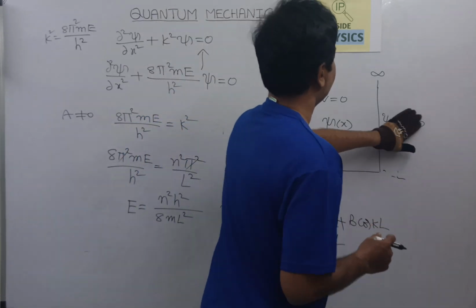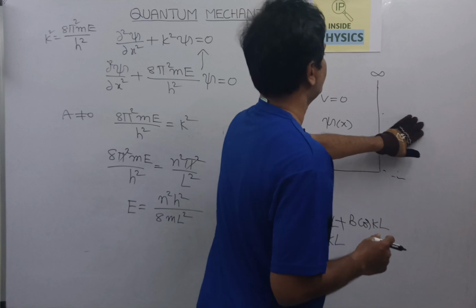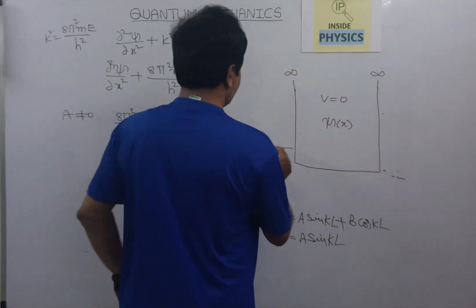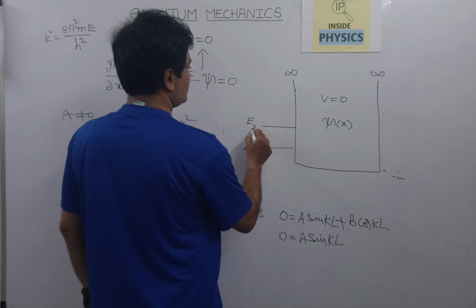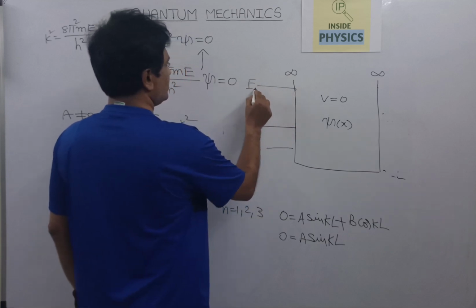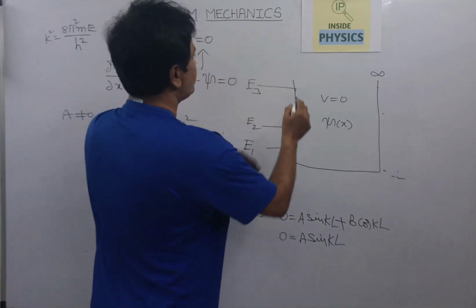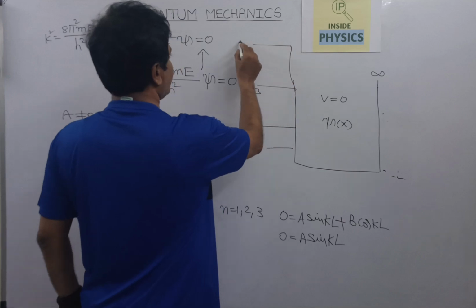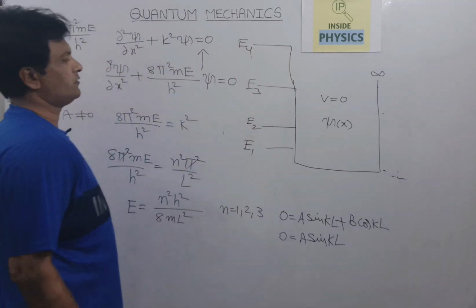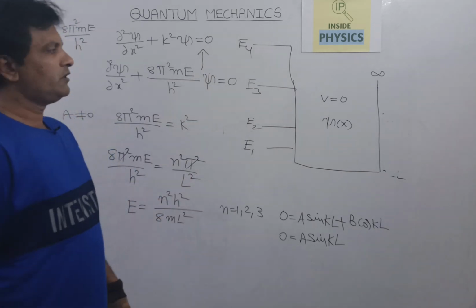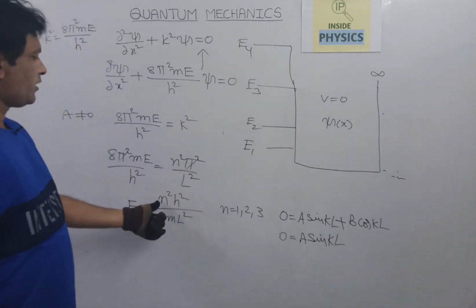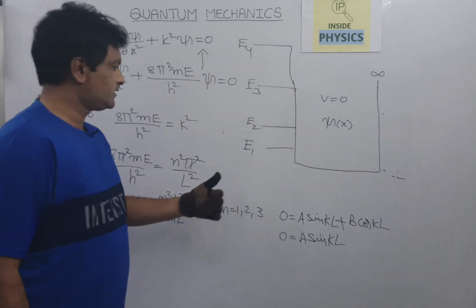We can represent this as E1 the first energy level, E2, E3, and we can take it further up to E4. In this way, the energy levels will go up as the quantum number increases.